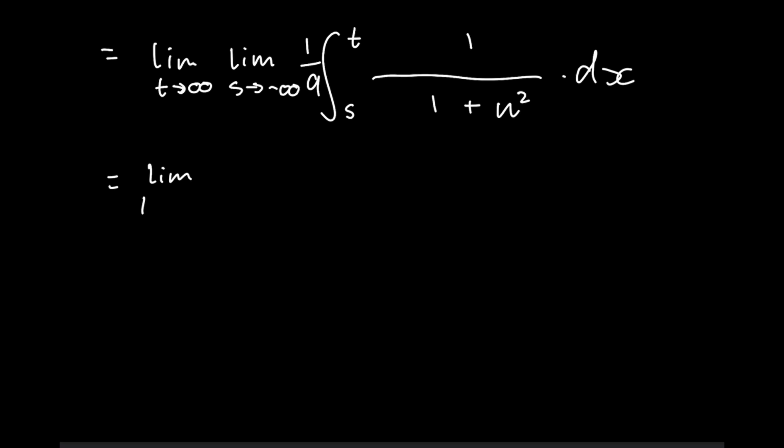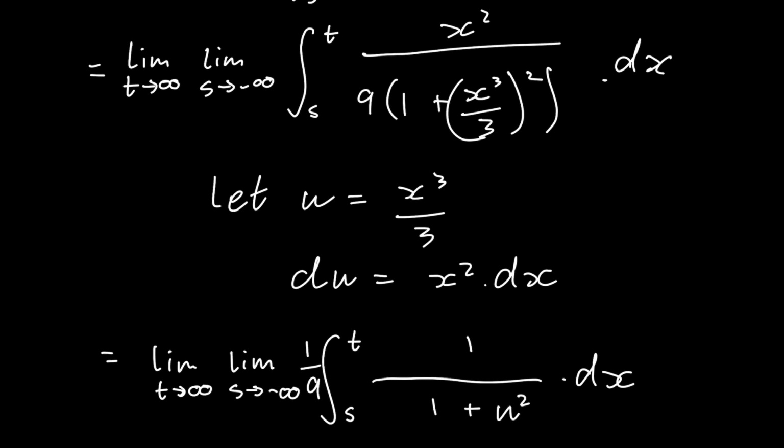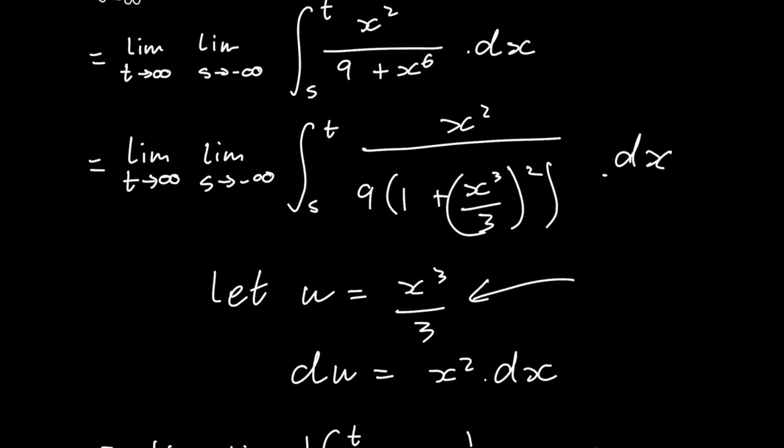So we say the limit as t approaches infinity and the limit as s approaches negative infinity of 1 over 9, arctan of u from s to t. Now I can substitute in t and s straight away. Usually at this stage in integration, when we're substituting in a new variable, we have to change the limits of integration, which are s and t.